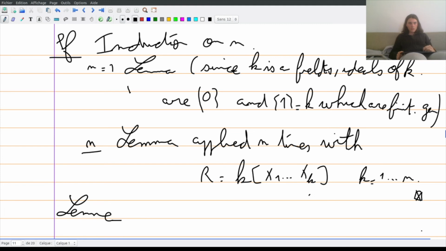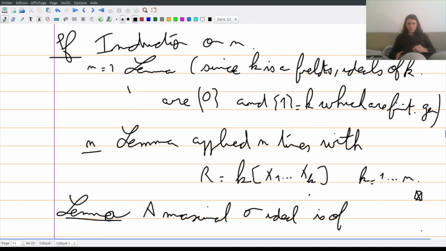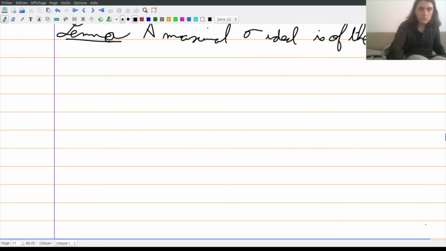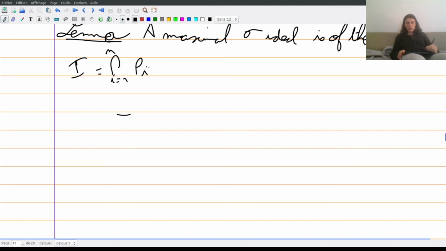So let me continue with a lemma on ideals of a multivariate polynomial ring. A maximal sigma ideal is of the form the intersection from 1 to n of Pi, where the Pi are prime.